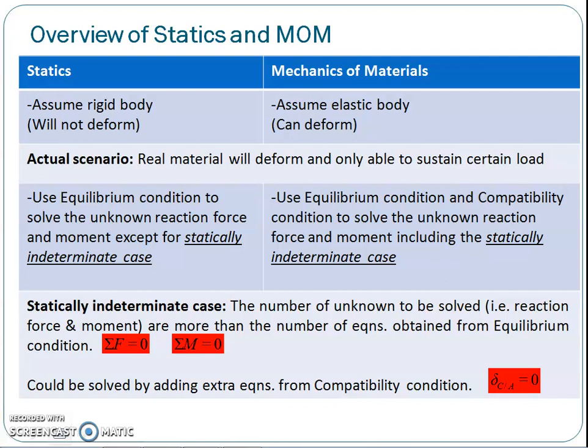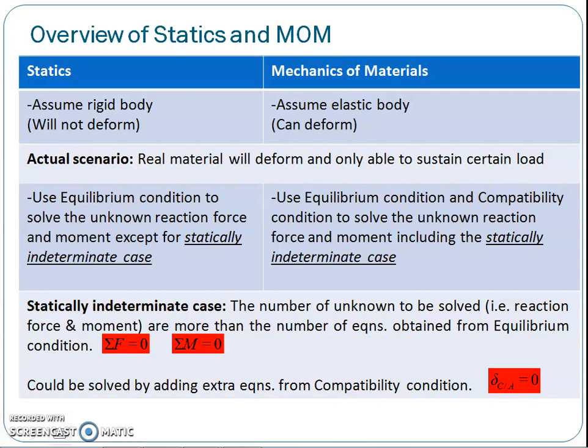In statics, we use equilibrium conditions to solve for unknown reaction forces and moments to evaluate the conditions of rigid bodies. Whereas in mechanics of materials, besides the equilibrium conditions, we learn about deformations that lead to compatibility conditions. We have additional equations to solve for unknown reaction forces, which includes the statically indeterminate case.